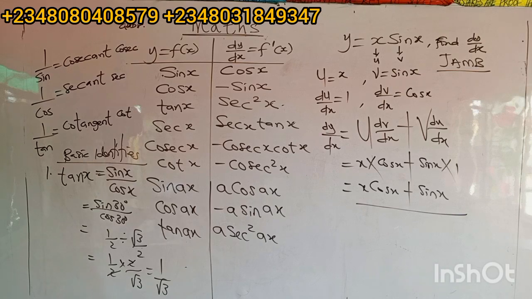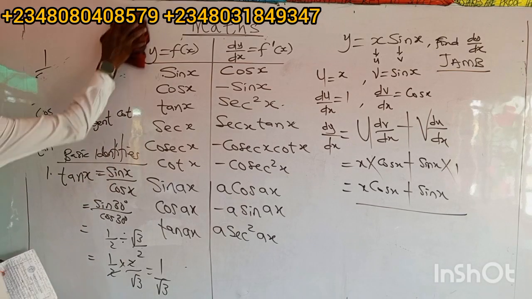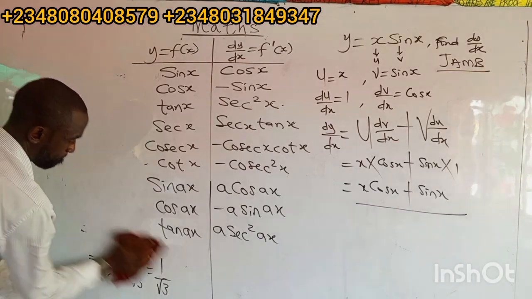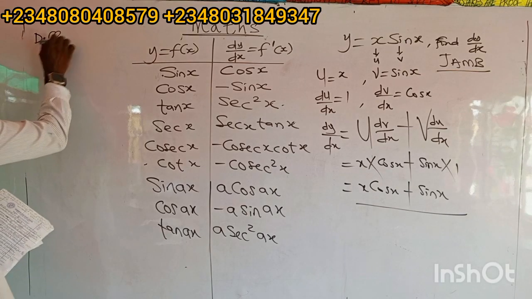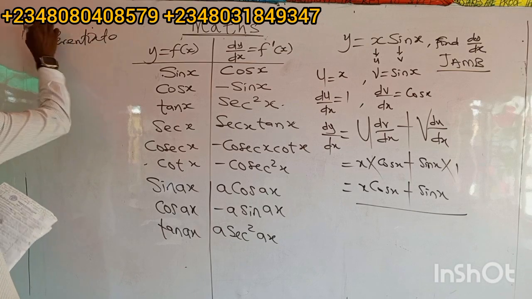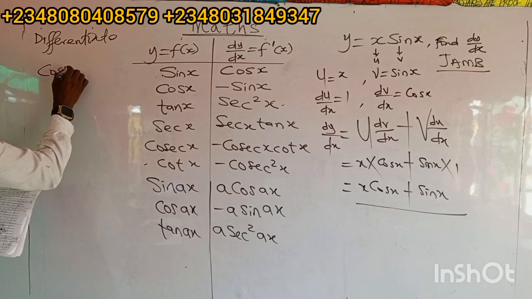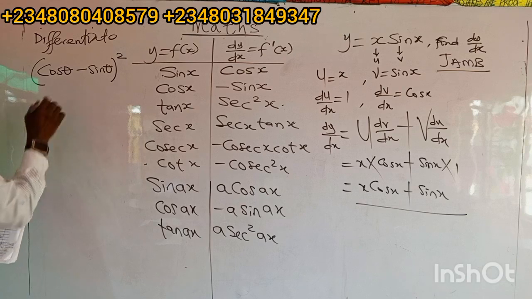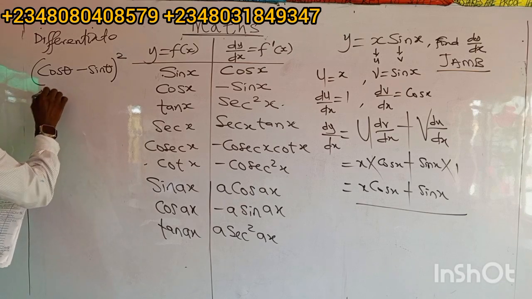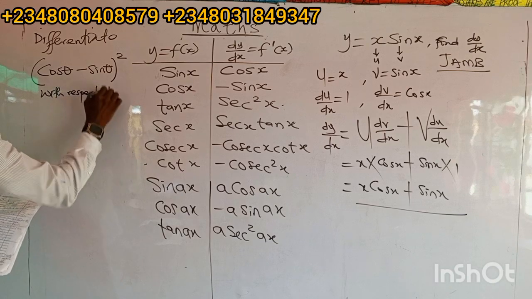Okay. Look at this question, 2006. Differentiate cos theta minus sin theta, raised to power 2, with respect to theta.